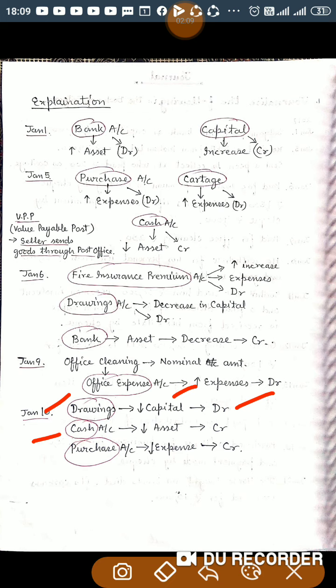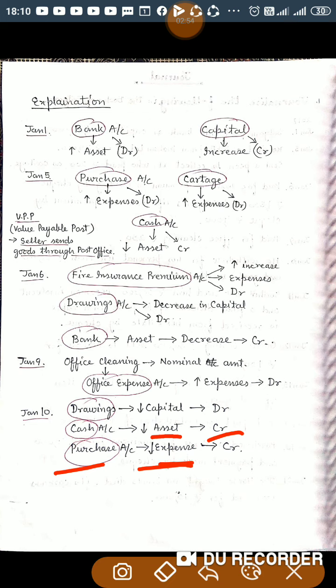Cash is an asset and it is decreasing from the business because he is withdrawing cash for his personal use. So cash balance is decreasing, it should be credited. Whenever an asset is decreasing, it should be credited. Purchase is an expense, and whenever you purchase goods, it is an increase in the business. Whenever goods are taken out for purposes other than sales or purchase return, purchases is treated as a decrease in expenses.